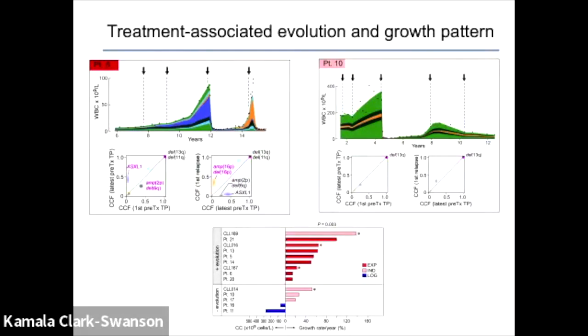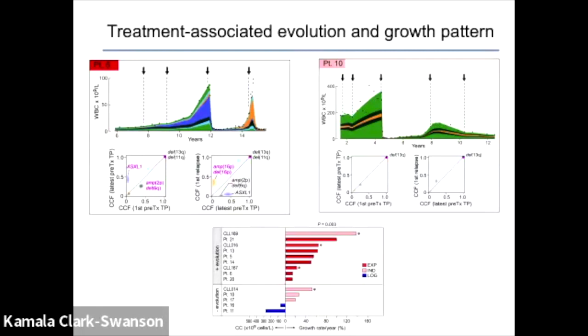Before treatment, the dominant subclone was this blue one. However, after treatment, the CLL that comes back is now dominated by the orange subclone, which was just a very, very small fraction of the cancer before treatment.